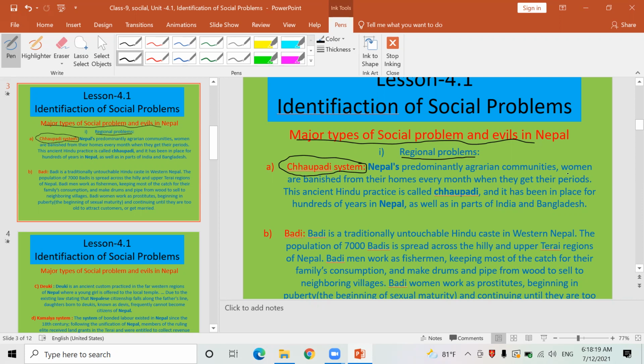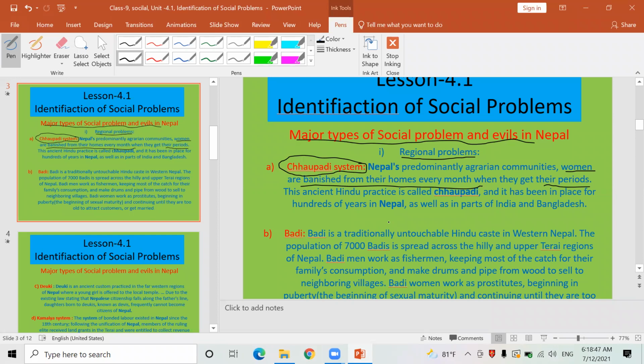Women are banished from their homes every month when they get their period. When a woman or girl's period starts every month, at that time they aren't allowed to live in the home.